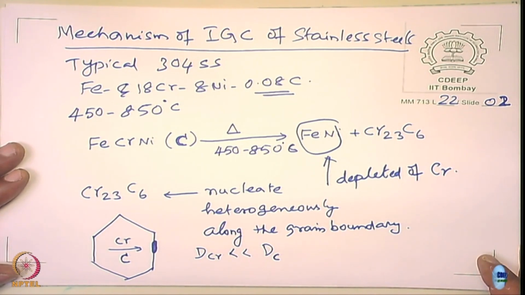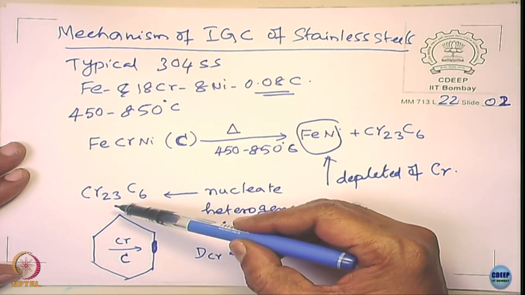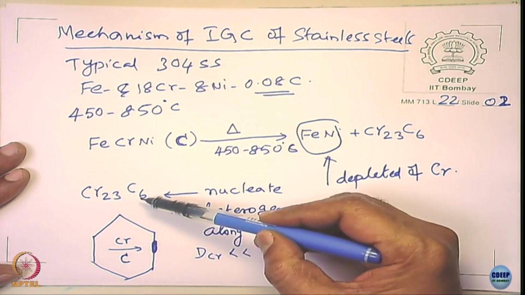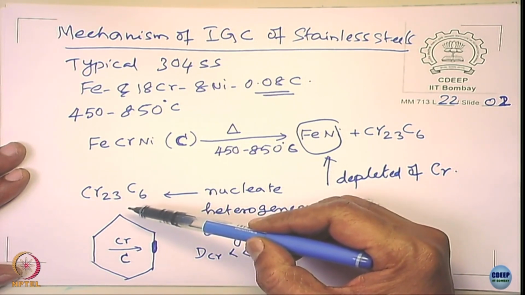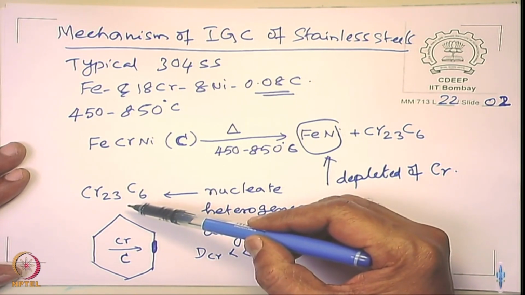Please notice the chemical formula. What is the chemical formula of the carbide? It is 23 chromium and 4 carbon. That means approximately 1 carbon takes away 4 chromium.